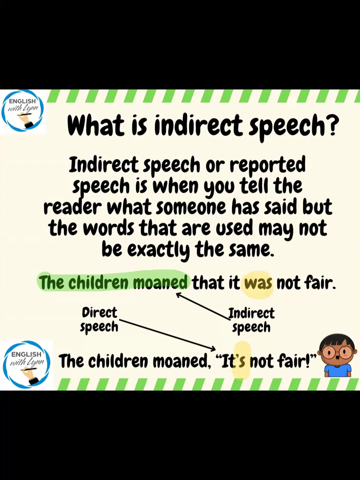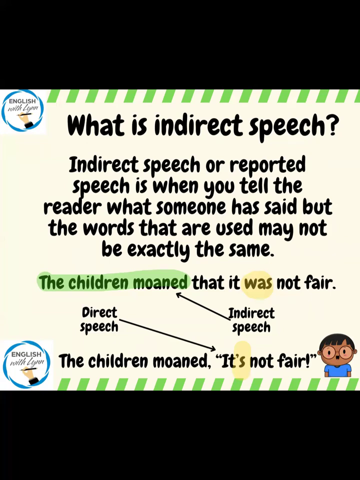Now, sometimes if you have an individual person speaking, they might say, "I am going to the park." Okay. Now, if I am changing I into reported speech, I would say, John said he was not going to the park.